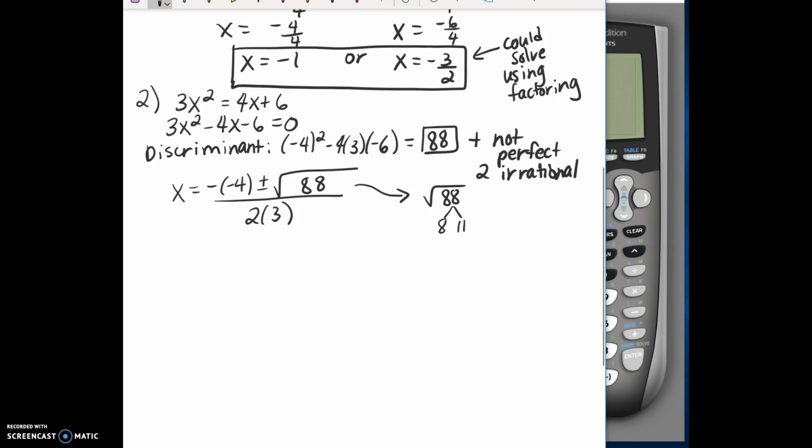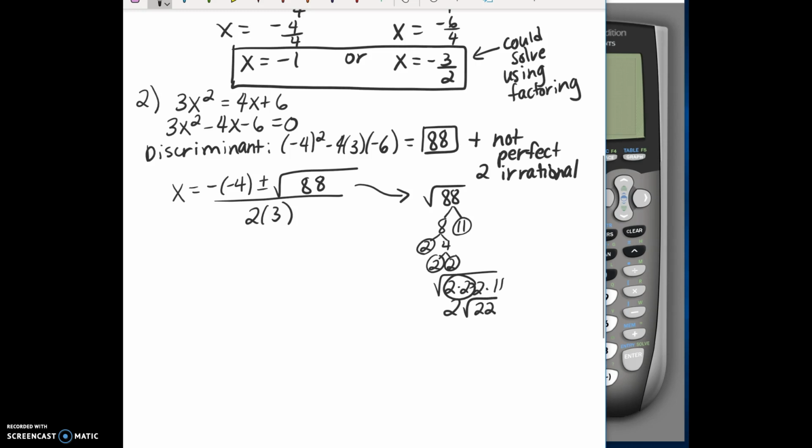And you do this the way you feel comfortable, whether it's the factor tree or finding the perfect square that goes in. We are only working with square roots here, so we're looking for pairs of numbers. So the 2's come out, and we get 2 square root of 22.